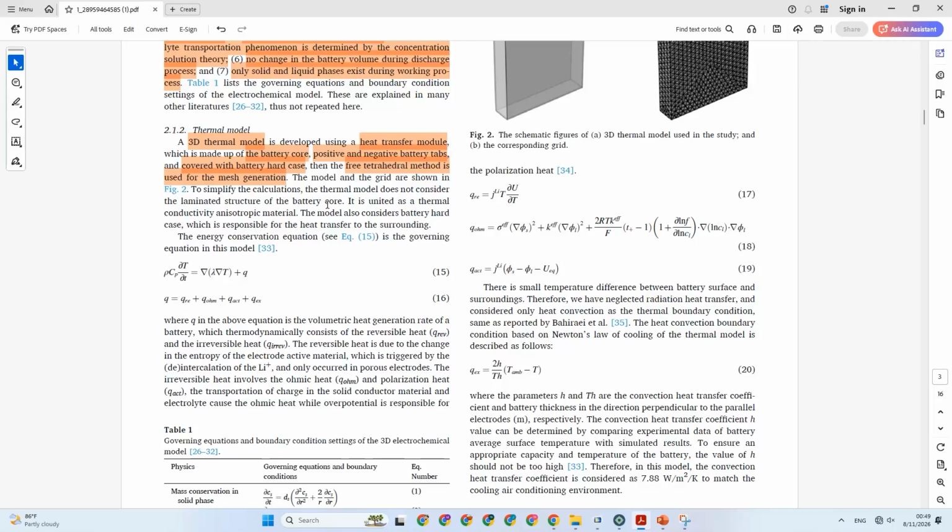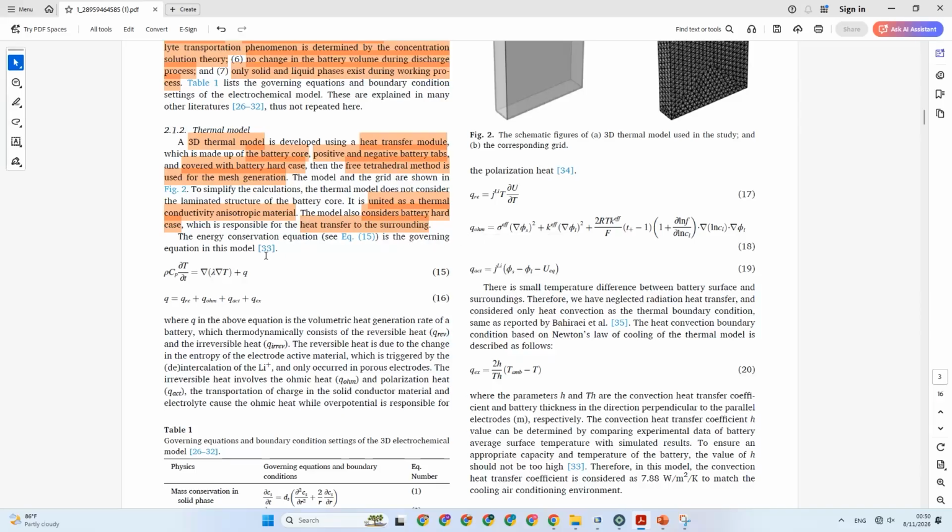Okay, it is united as a thermal conductivity and anisotropic material. The model also considered battery hard case, which is responsible for heat transfer to the surrounding.